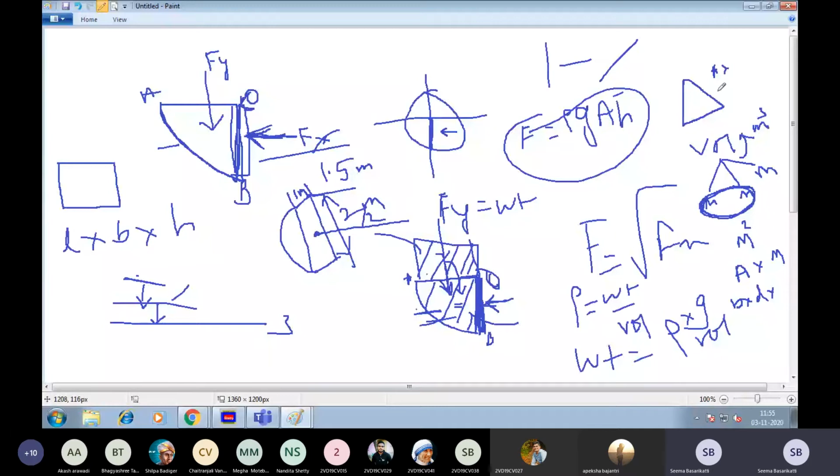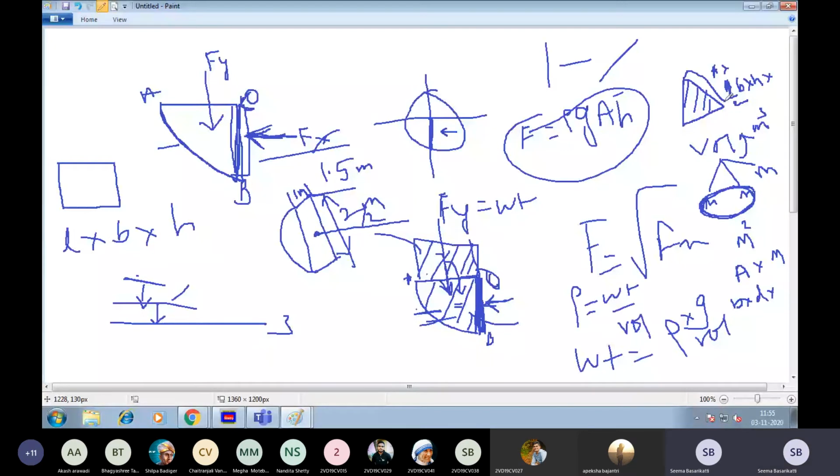What is the area of a triangle? Half into base into height. What is the width of the triangle they have given?